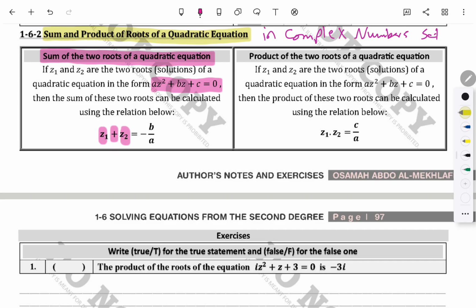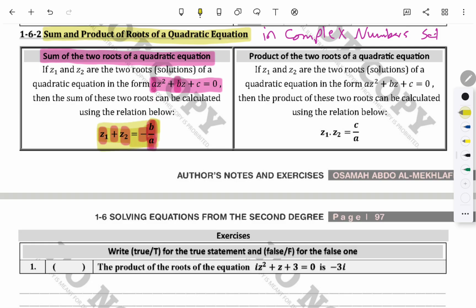We can easily get the sum by taking b, the coefficient of z, and a, the coefficient of z squared, dividing them to get their ratio, and giving it a negative sign. So the rule will be z1 plus z2 equals negative b over a, and we can use it easily.